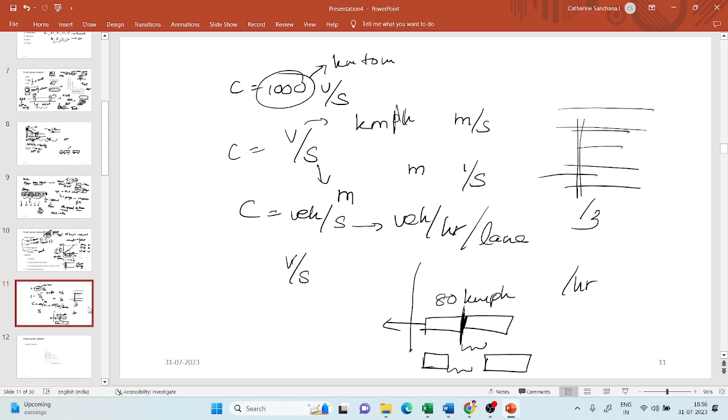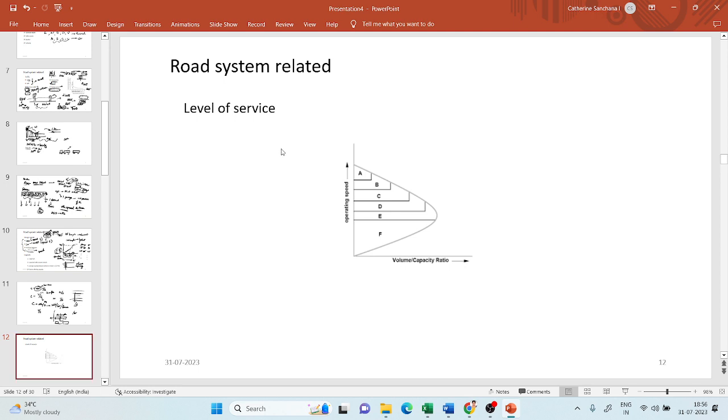Okay. So moving on to the next road system related concept, the next factor, it is level of service. Now, what is level of service? Level of service is just a kind of a factor to define how efficiently you have designed the road.